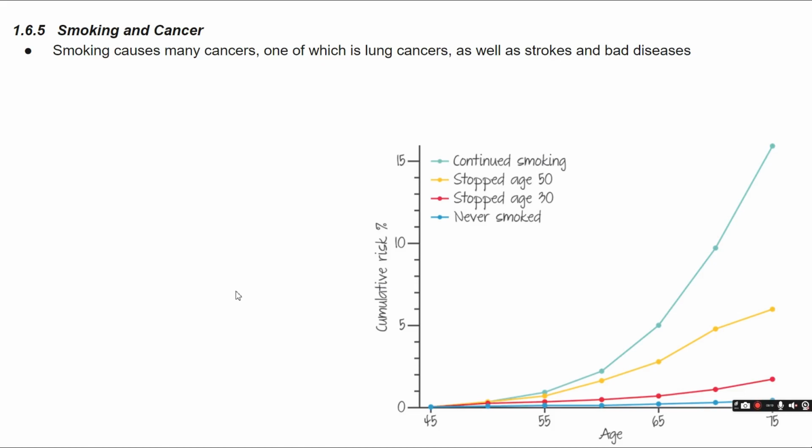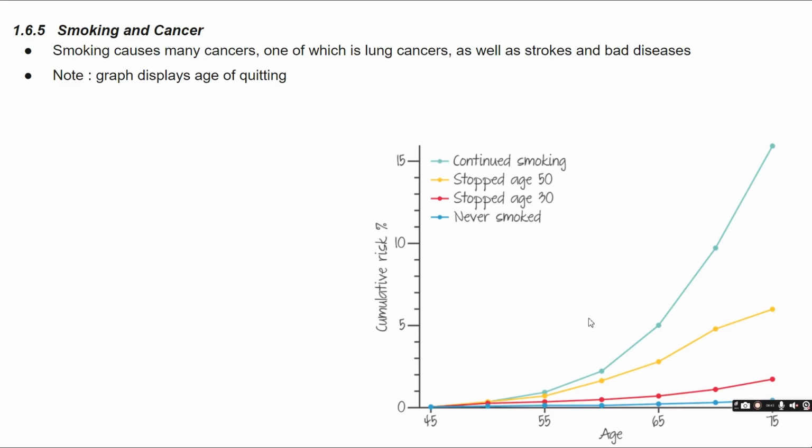Smoking causes many cancers, one of which is lung cancer, as well as strokes and lung diseases. This graph displays the age of quitting smoking compared to the cumulative risk of cancer. So we have the never smoked group.